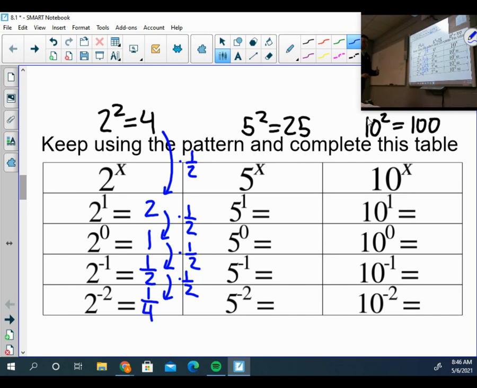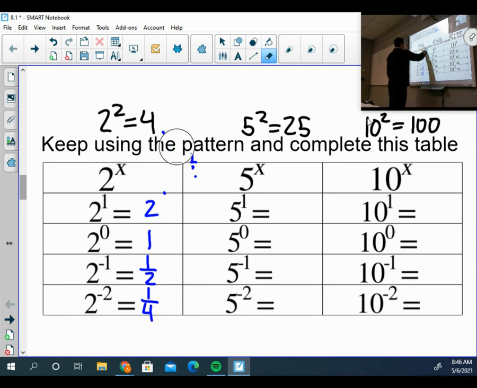And so what we see here is if we continue following our pattern, each time the exponent decreases with the same base, I can find the next value by multiplying my previous value by 1 over the base or dividing by the base. And when I do that, maybe I'll erase these so it's a little bit easier to see, we can find our values, not just for 2 to the first and 2 to the 0, which you probably already knew, but we see by our pattern what the negative exponents turn out to be. 1/2 and 1/4. And we'll dig into that in a bit.